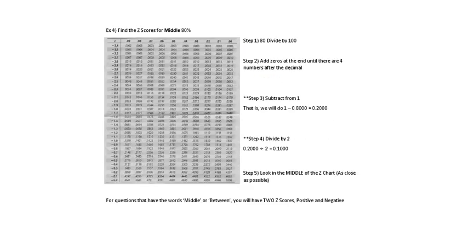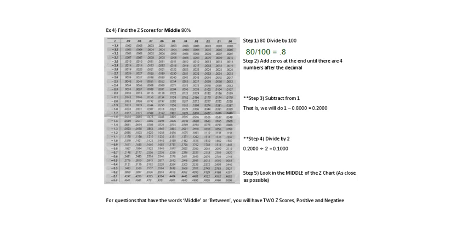Example 4. Find the z-scores for middle 80%. Again, it's going to start off the same way. The first step is to do 80 divide 100. And if we put that in our calculator, 80 divided by 100 is equal to 0.8.